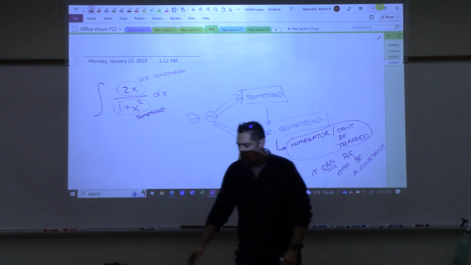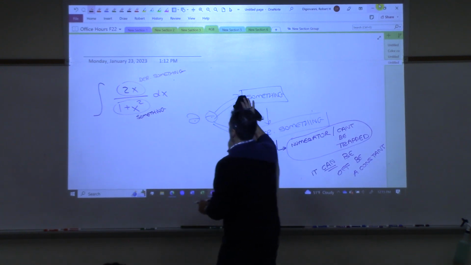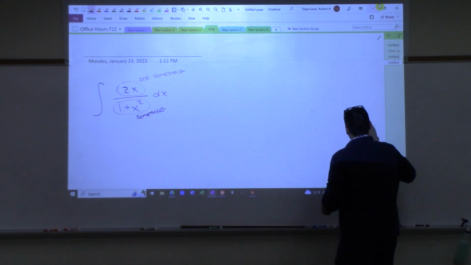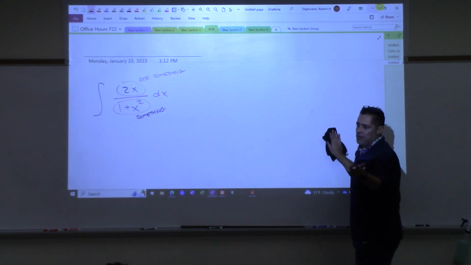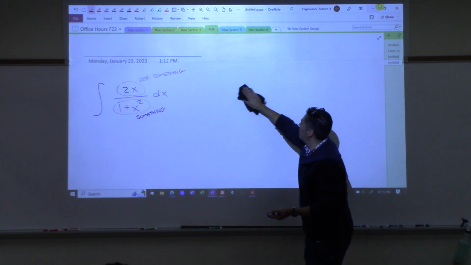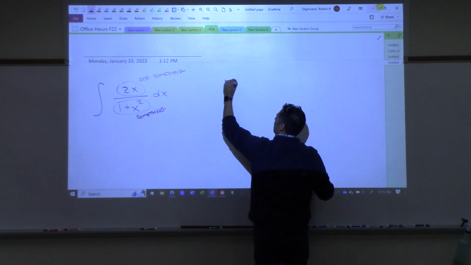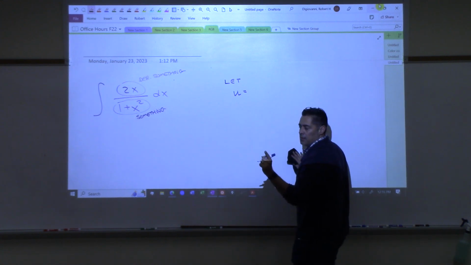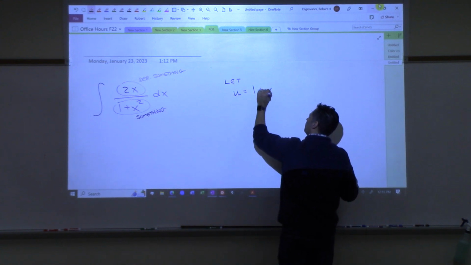All right? So once we identify it, here's the technique. I'm going to make the substitution, just like we would do in college algebra. So I'm going to let u be equal to the something, which was the 1 plus x squared.